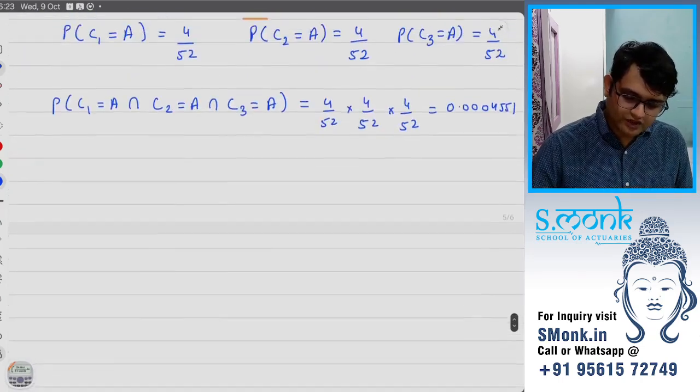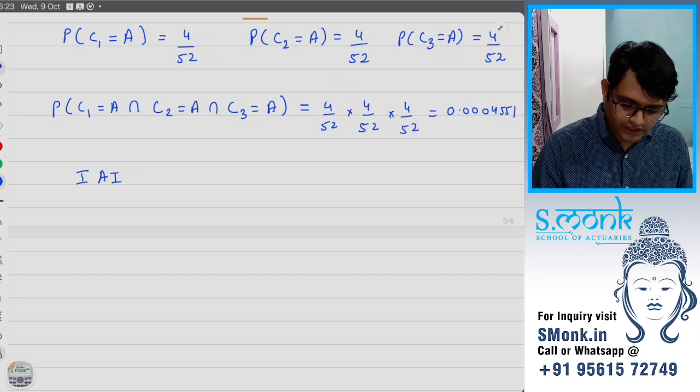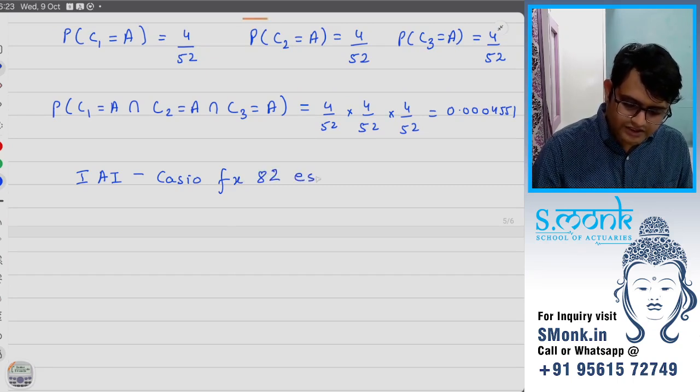Now the physical calculator that you are going to buy, if you are giving examination from IAI, the Indian Institute, then you should buy Casio FX 82 ES Plus.